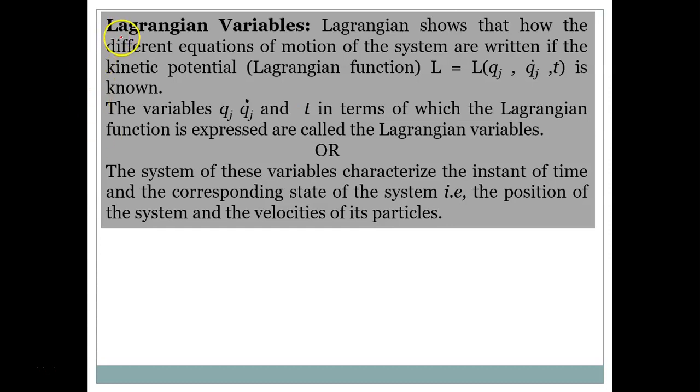Now the definition of Lagrangian variables. Lagrangian variables show how the different equations of motion of a system are written if the kinetic potential, that is the Lagrangian function L, is known. So in fact Qj, Qj dot and T are called the Lagrangian variables.